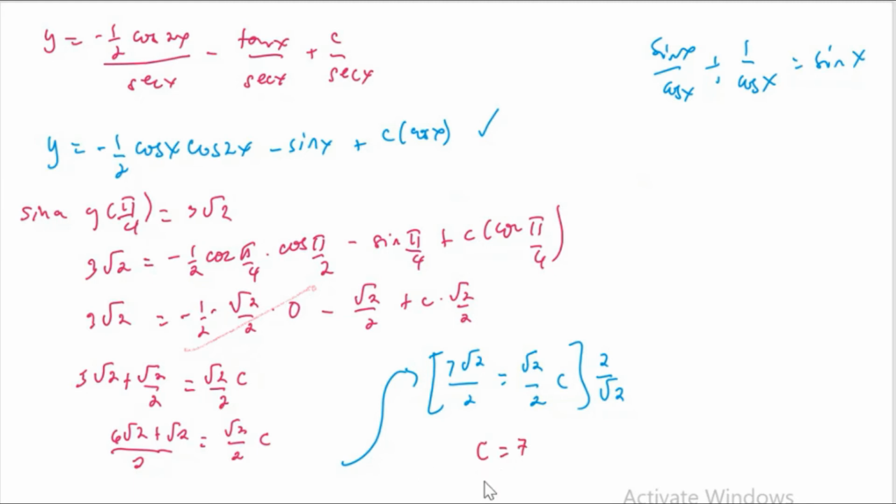Now, since we know that c is 7, we can go back to the equation that we have derived. Therefore, the solution will become y is equal to the negative 1 half of cosine x cosine 2x minus sine x plus the value of c, which is now 7, so 7 of cosine x. So that's now the answer for that problem.